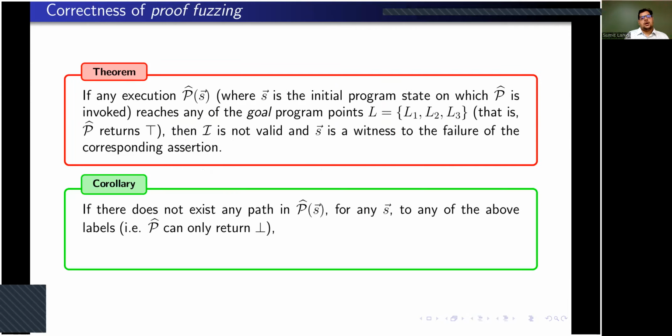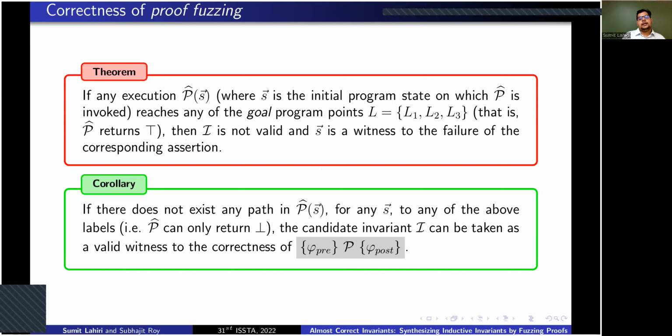However, upon fuzzing, for any of the s that we try out, if p-hat of s does not hit any of the lines L1, L2, L3, rather it exits from the last return, that is p-hat can only return bot, then in that case the candidate invariant I can be taken as a valid witness to the correctness of the specification that we have.